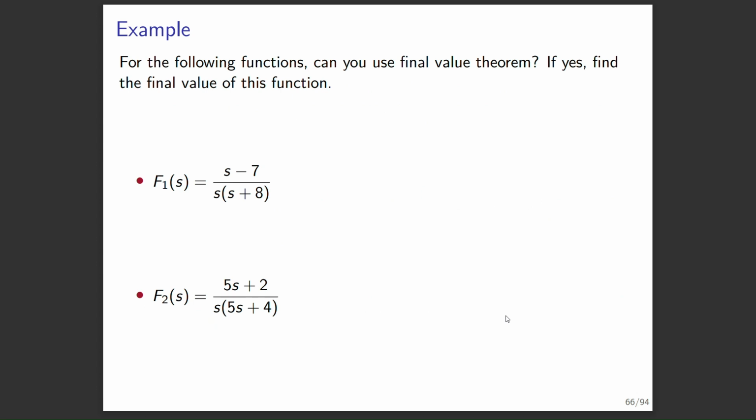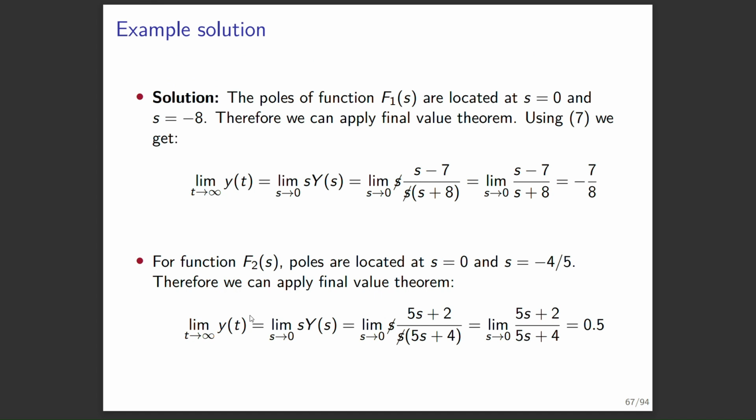For the following functions, can you use final value theorem? If yes, do it. Find the final value of this function. Again, I evaluate this function. I have one pole at the origin and another one at -8. So I am able to apply final value theorem. Here I have s equals 0 and -4 divided by 5. So yes, again, I can apply final value theorem.